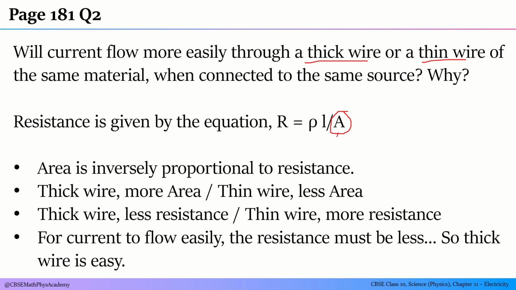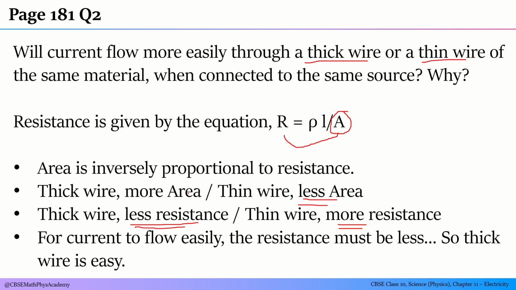Area is inversely proportional to resistance, which means a thick wire has more area, hence less resistance. Whereas a thin wire with a lesser area gives more resistance, because the area goes in the denominator. You can just make a mathematical calculation.